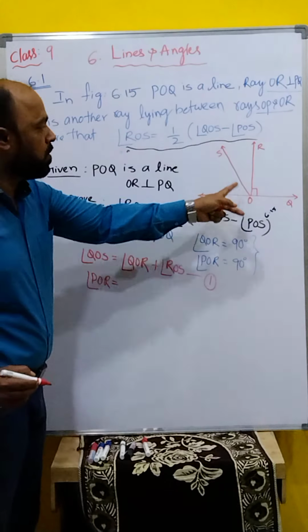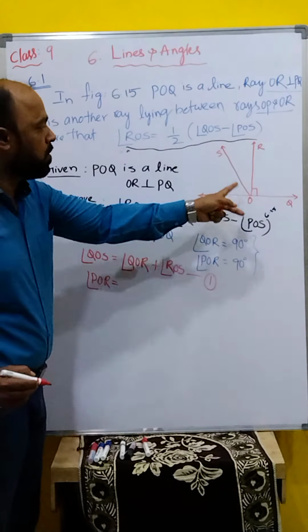LHS side 90 degrees, here also 90 degrees. With the equal to symbol, we can cancel that. What is remaining? Angle QOS is equal to angle POS plus 2 into angle ROS.